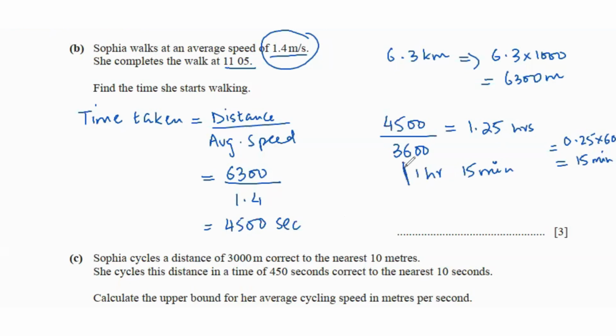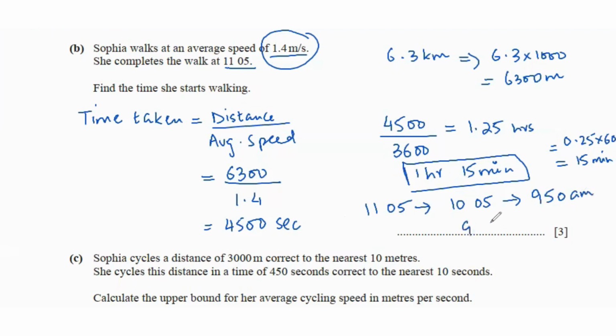So now this is the time taken for her to walk. Since we need to find the time at which she started walking, we're going to go back 1 hour 15 minutes from 11:05. So if we go 1 hour from 11:05, that is 10:05. So from 10:05, if we subtract 15, that's going to give us 9:50 a.m. So your time is 9:50 a.m. at which she started to walk.